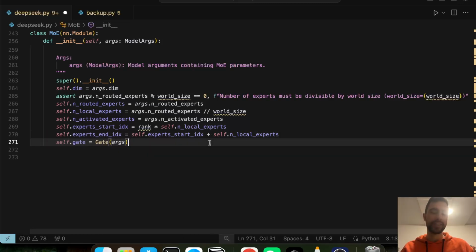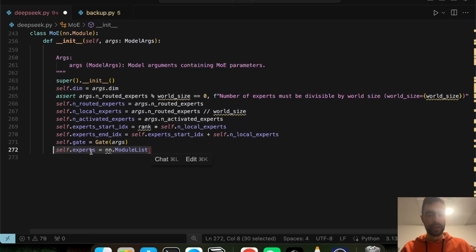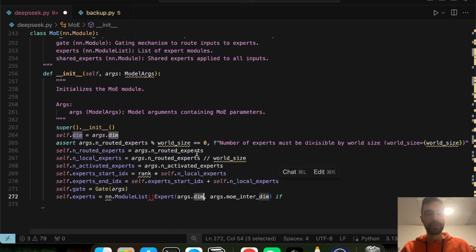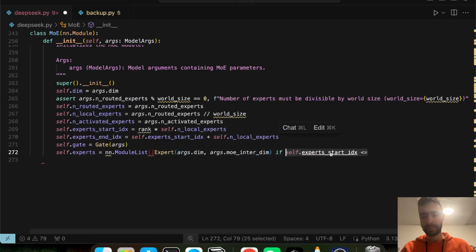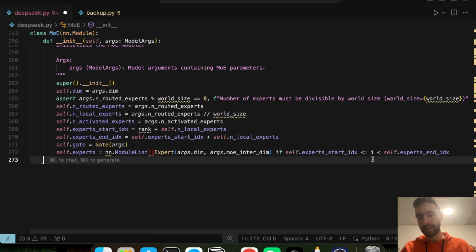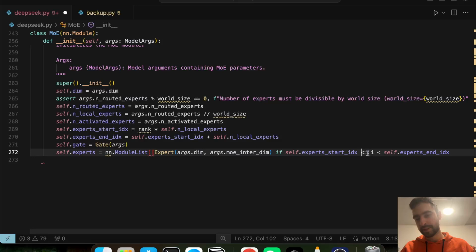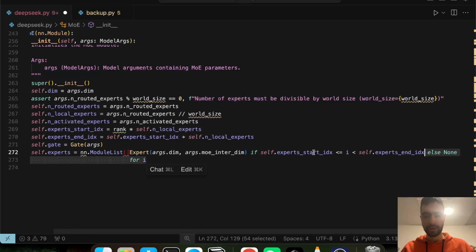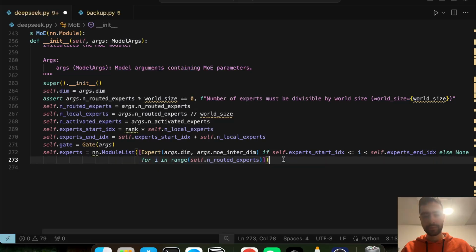Gate, just initializing gate. And then we initialize experts. So this will be an nn module list of the expert that we defined. The same, you already know the dimensions. If start index from start index to experts end index, else none, for i in range n routed experts.